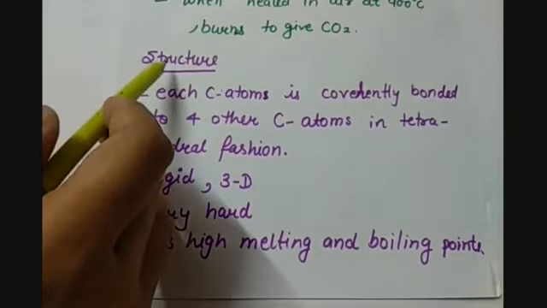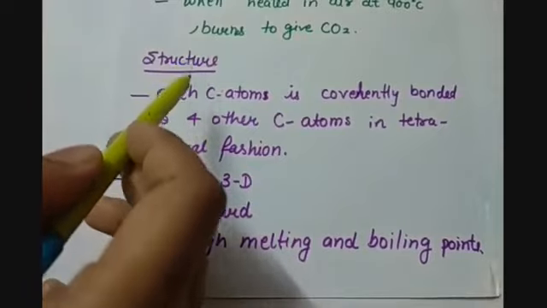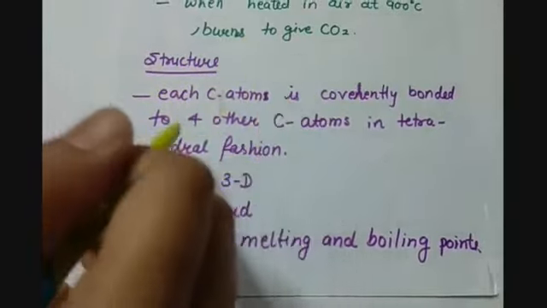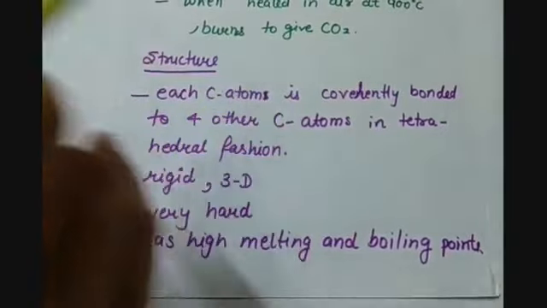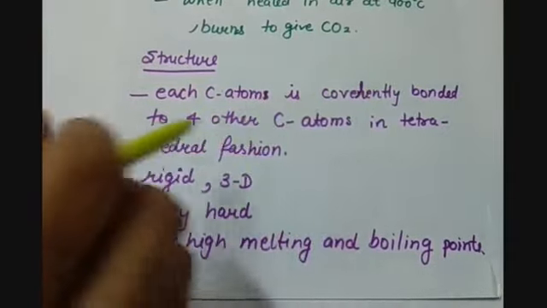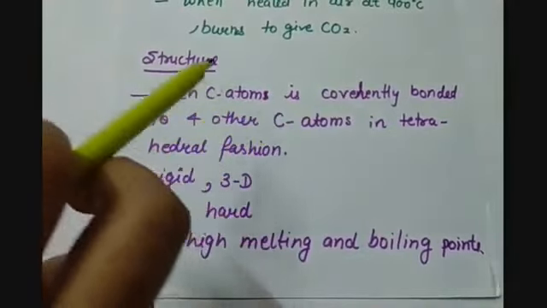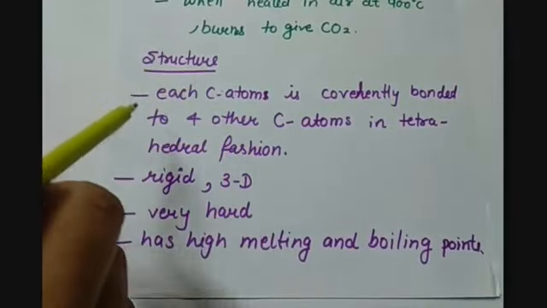What is the structure of diamond? Each carbon atom is covalently bonded to 4 other carbon atoms in a tetrahedral fashion. We have seen how carbon is arranged in tetrahedral fashion.